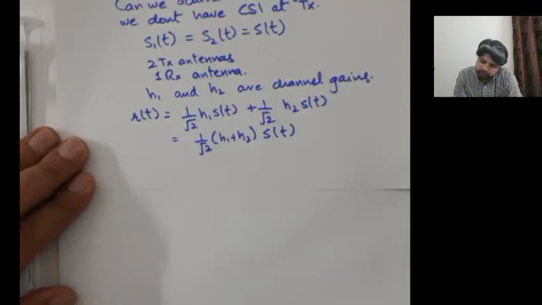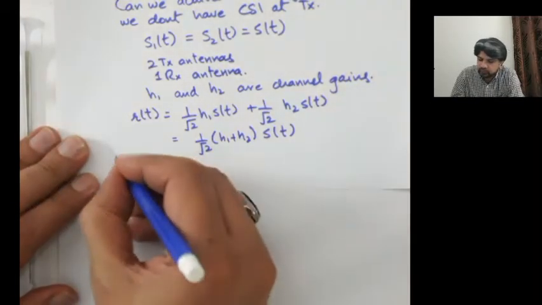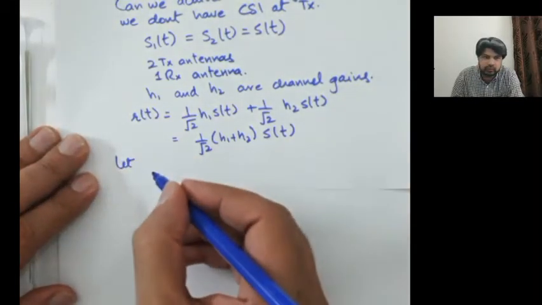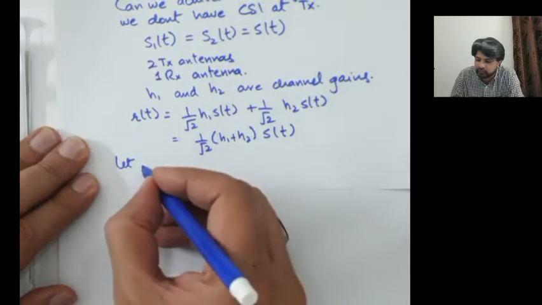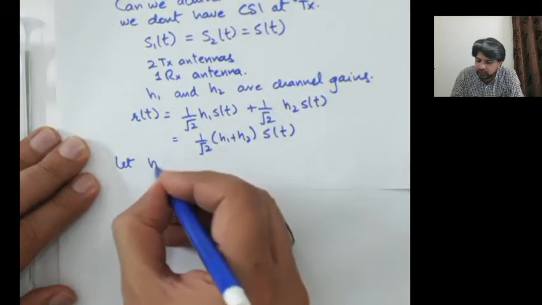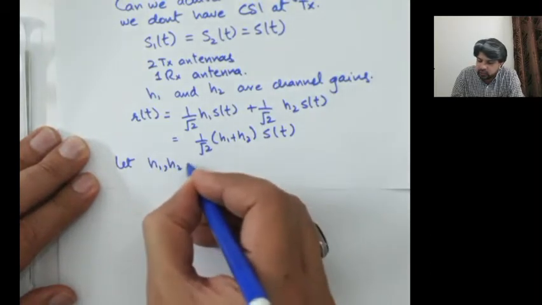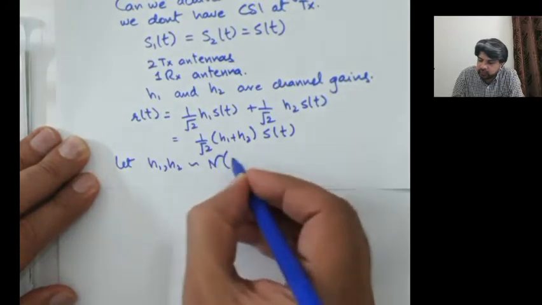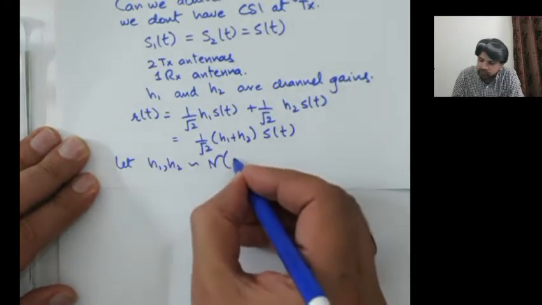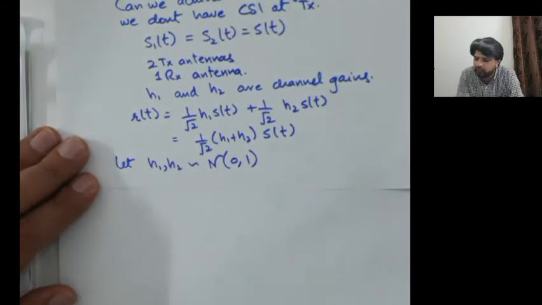So for the sake of analysis, or to see whether or not it is giving us gains, let's suppose that H1 and H2 are both normally distributed with a mean of 0 and a variance of 1. So they are standard normal random variables.